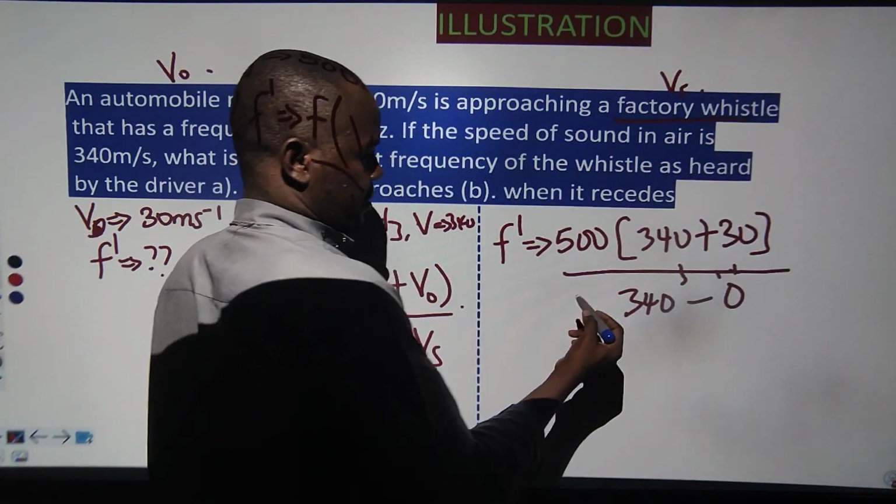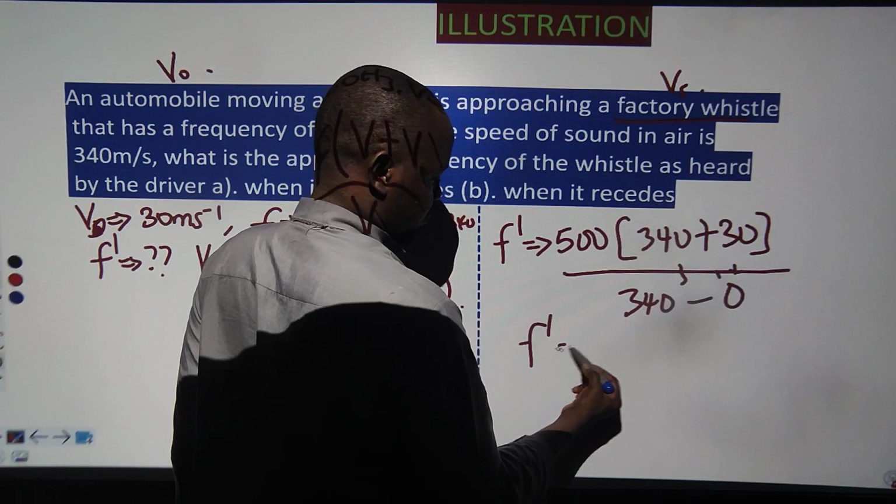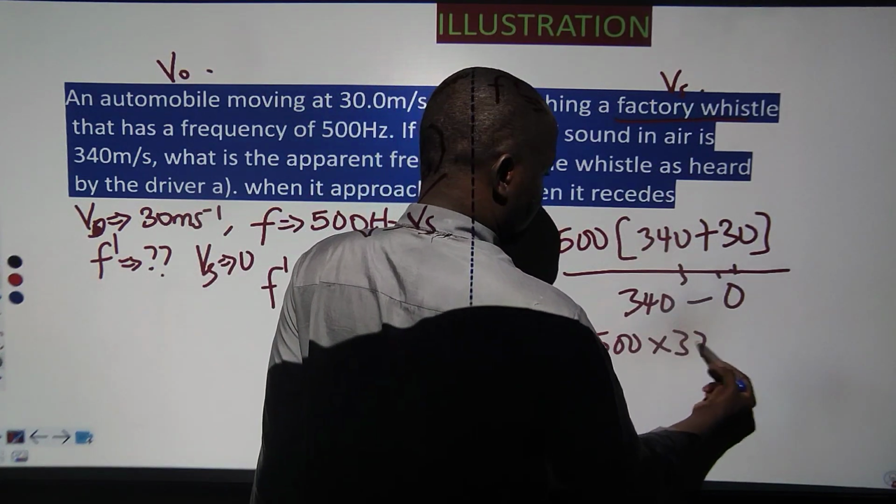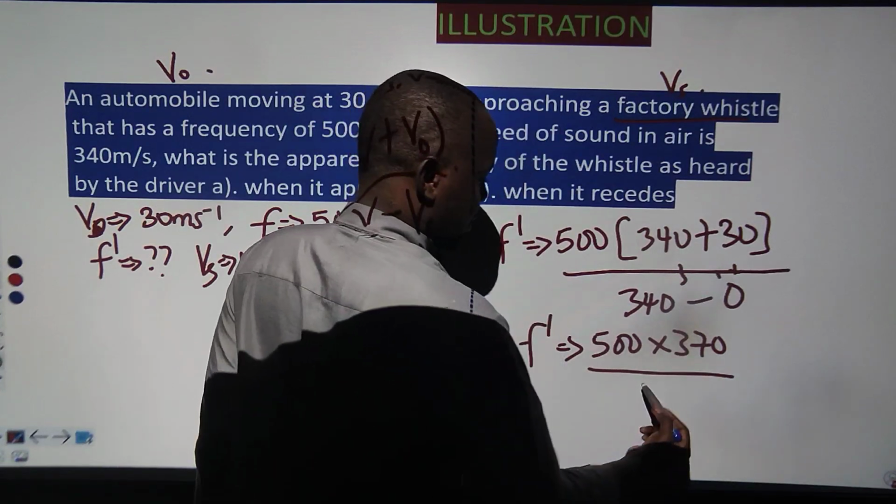So now we can finish this. F dash will be equal to 500 times 370 all over 340.